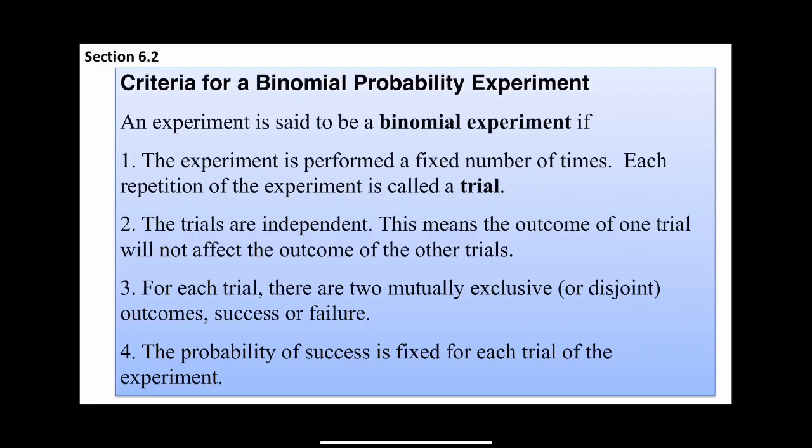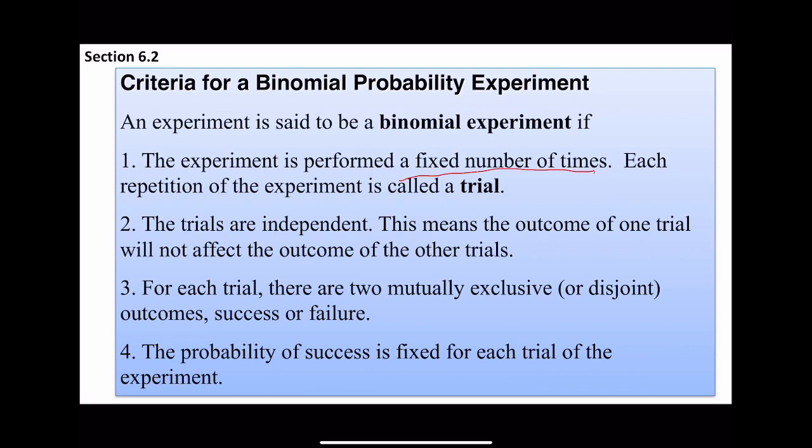In order for a probability experiment to be a binomial experiment, these conditions have to be met. First, it needs to be performed a fixed number of times. You have to have a fixed number of trials. Somewhere in the problem, it needs to give a certain number of trials.